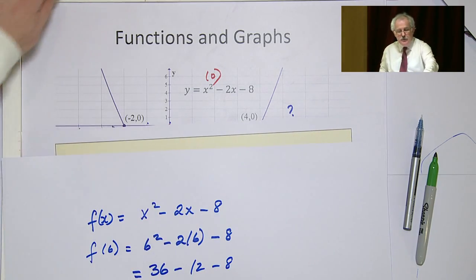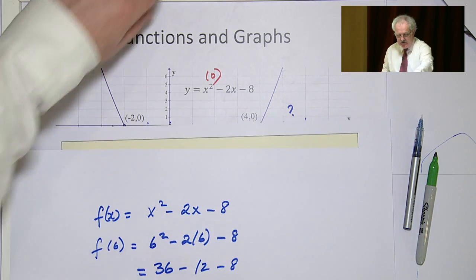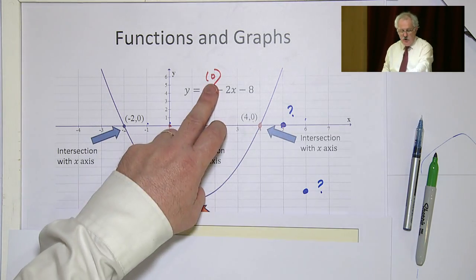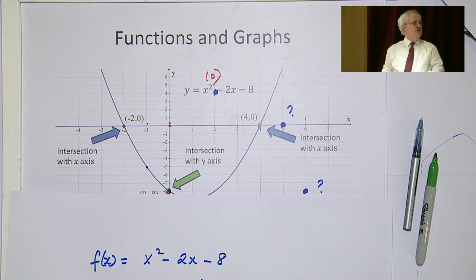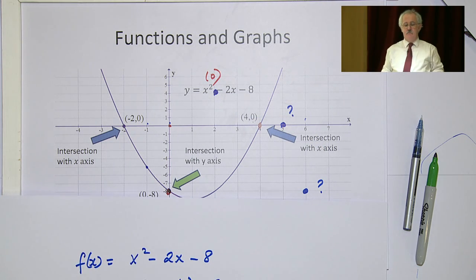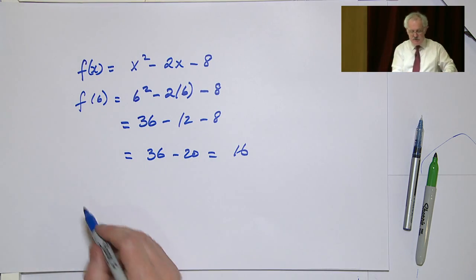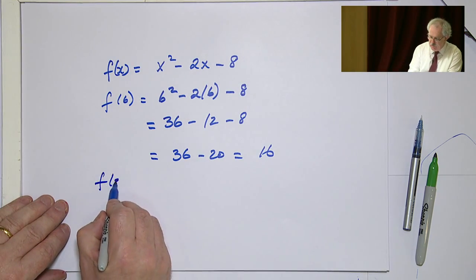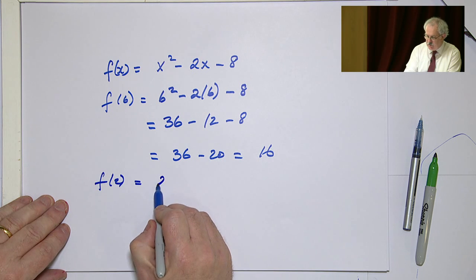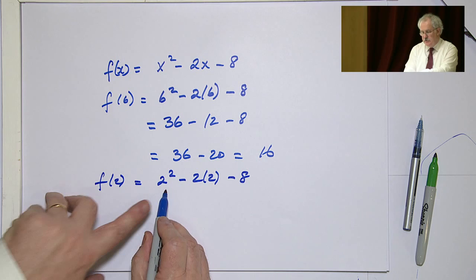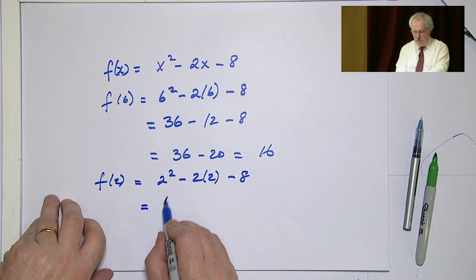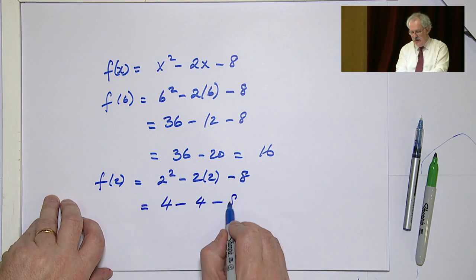So actually, it does satisfy it. But let's see whether the point (2, 4) satisfies the graph. Does (2, 4) satisfy the graph? No. So let's see what happens. Let's try f(2). 2 squared minus 2 times 2 minus 8. 2 squared is 4. Minus 4 minus 8.